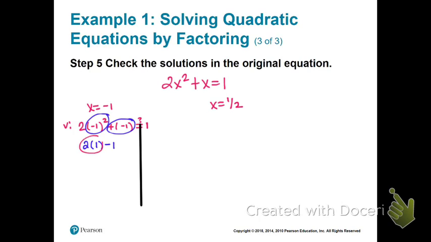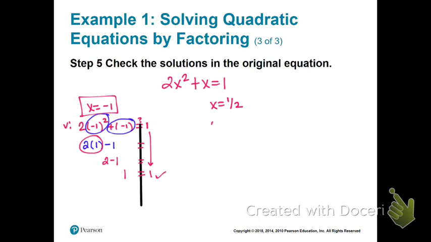And then multiply. So 2 times 1 is 2, plus -1 is 1. And then on the other side over here, we don't have anything to work. It's just a 1. So bring it down. Did it work? Yeah. So -1 is definitely an answer.